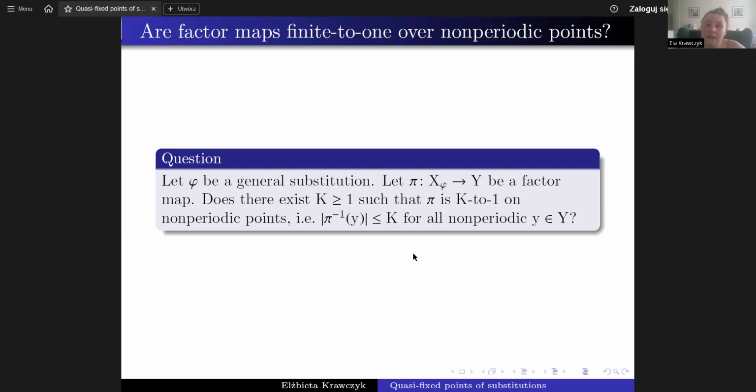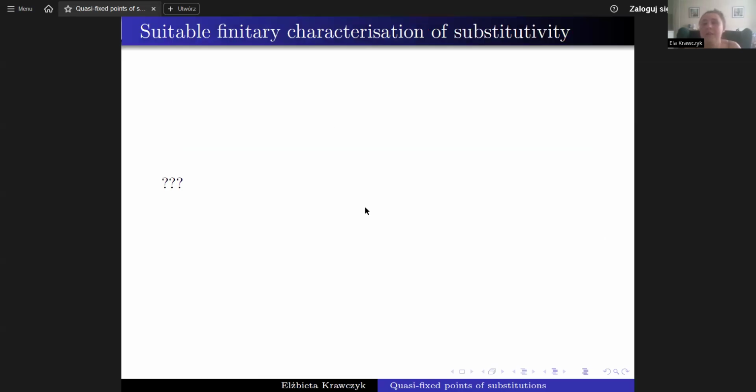And last, the most important part: I don't really know of any inherent nice finite tree characterization of substitutivity which would be suitable in this context, in the same way kernels, k-kernels or derived sequences were in the previous ones.